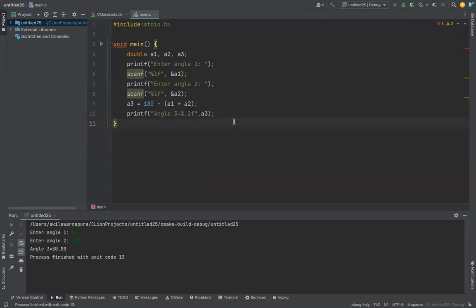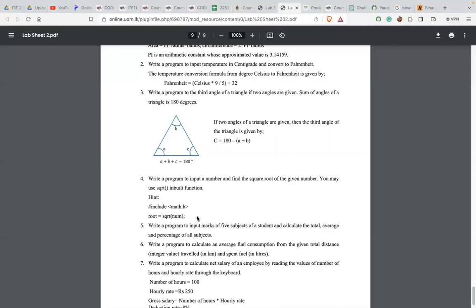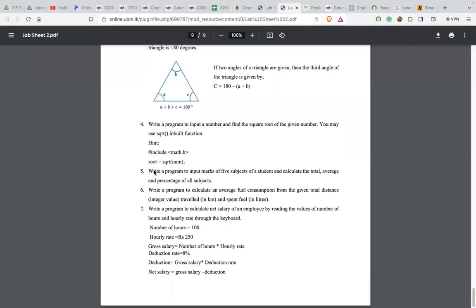And one question asks how to get the percentage in the fifth question. Isn't it the same as the average? What is the question? Fifth: write a program to input 5 subjects' marks for a student and calculate the total, the average, and the percentage of all the subjects.